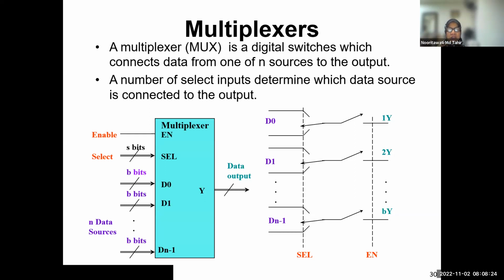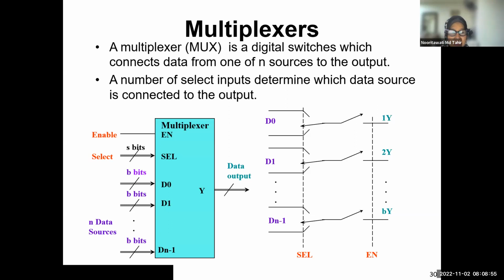One additional thing about multiplexer is that it has one more element, which is the select switch. It has inputs, one output, and an enable for the circuit to be activated as a multiplexer, and it has select switches to inform which input is to be sent to the output.